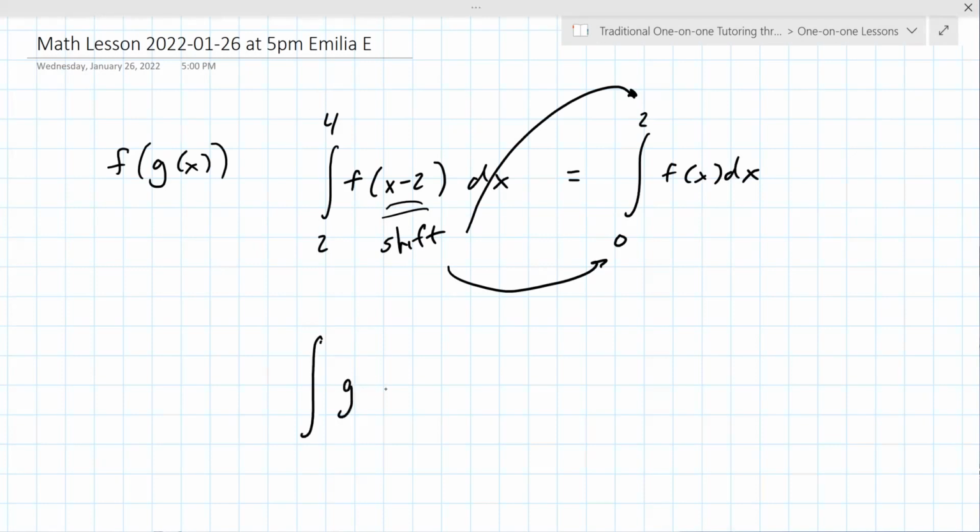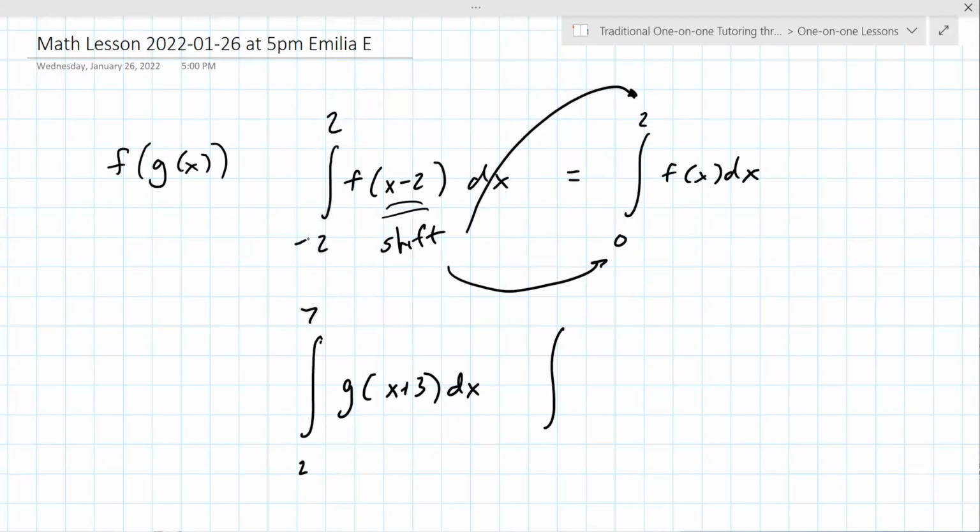And if it was like the integral from 2 to 7 of g of x plus 3 dx. Sorry, this is wrong. I'm shifting it the wrong way. So x minus 2 is a shift right. So it's 6 and 4. I was going to make it more like what you might actually see.